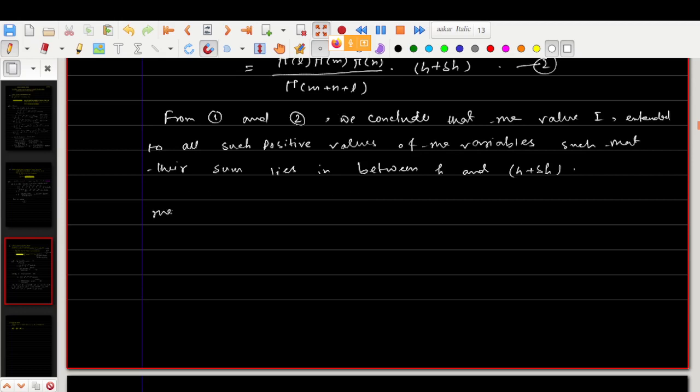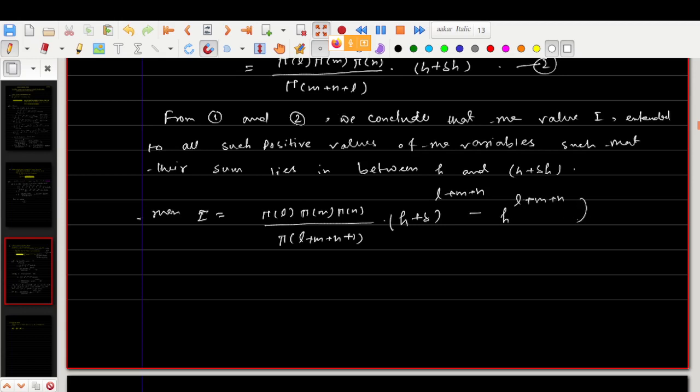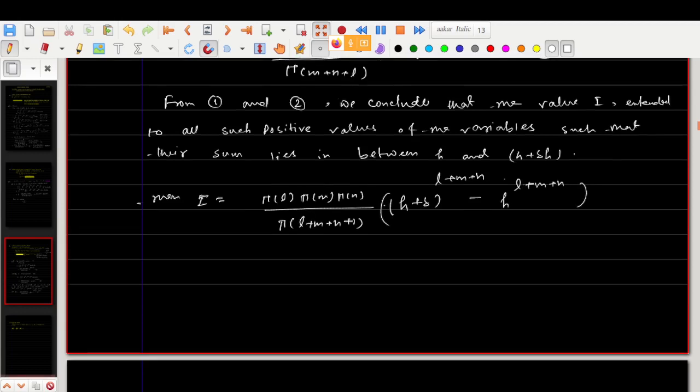Then in such a case I turns out to be gamma L gamma M gamma N by gamma of L plus M plus N plus 1 times (h plus delta h) to the power L plus M plus N minus h to the power L plus M plus N, right? Same thing.